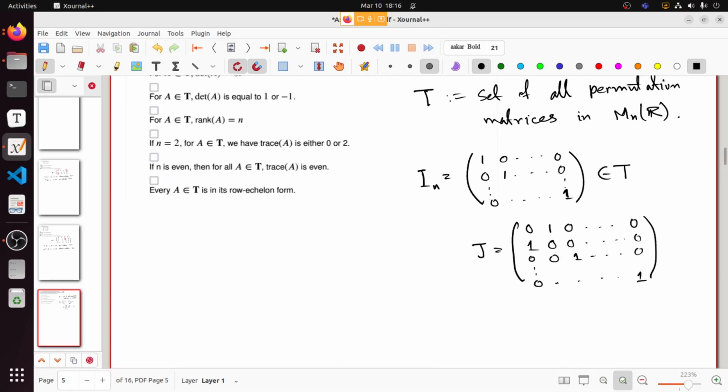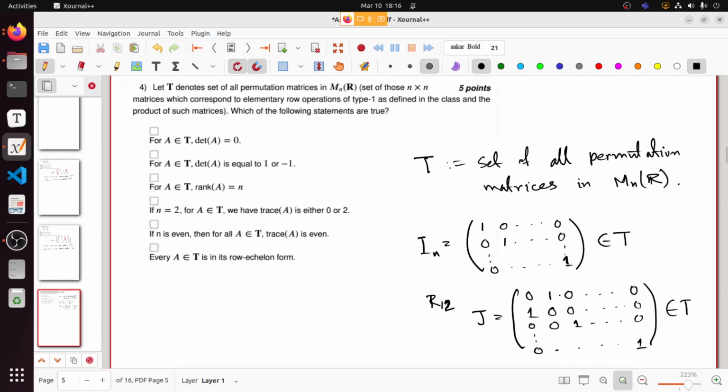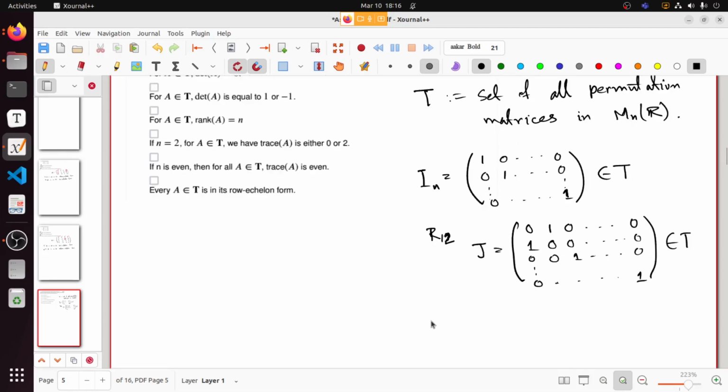So it is also in T, because this is interchanging the first and second row, R_12. We are interchanging rows 1 and 2. So this is also in T. So this kind of matrices are in T. Now you have to show that. So these are basically the elementary matrices, right? And products of elementary matrices.